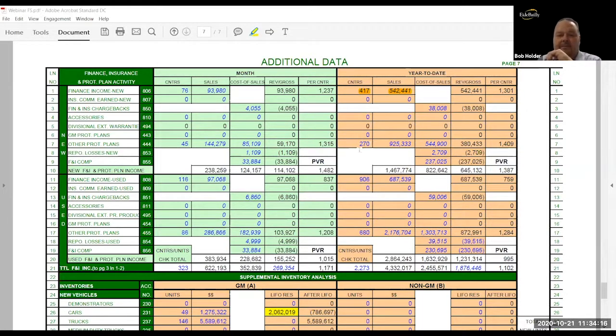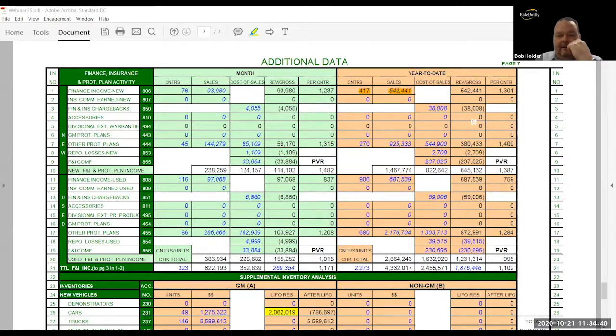Some of the factory statements actually show penetration of service contracts, and that's really nice. I can't really calculate that in a GM statement, but just be aware that some of the other factory statements do have penetration numbers for the warranties, which are really nice. And I look for PVRs. These are real strong numbers, and that's the commentary they would get.